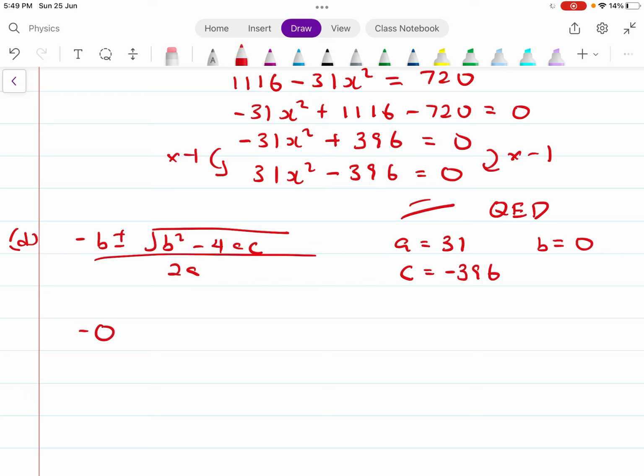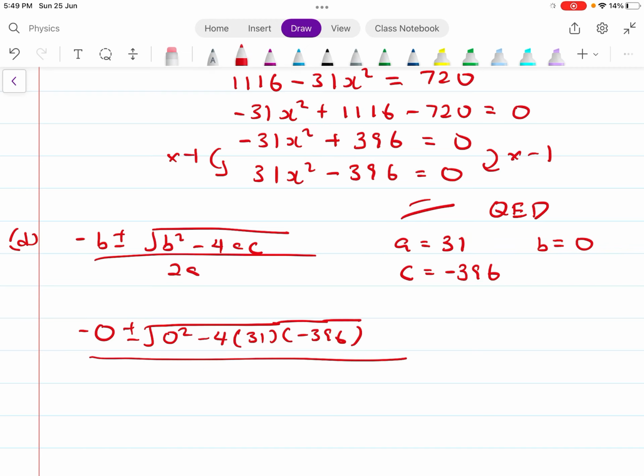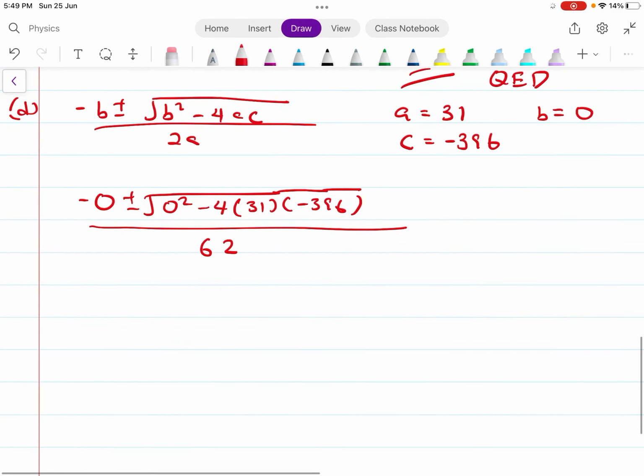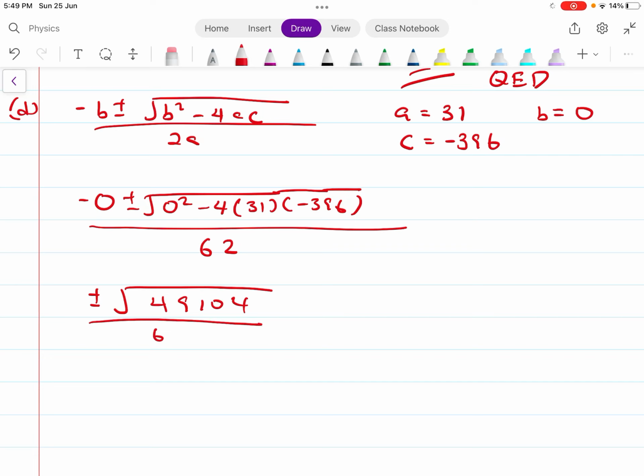So this is 0 plus minus square root of b squared minus 4ac, divide by 2a. 2 times 31 is 62. Let's continue on. It's plus minus square root of 49104, divided by 62.